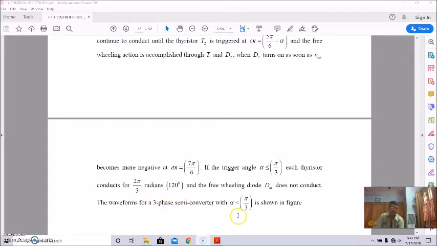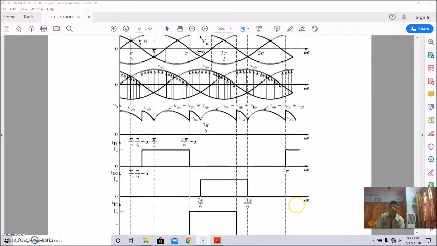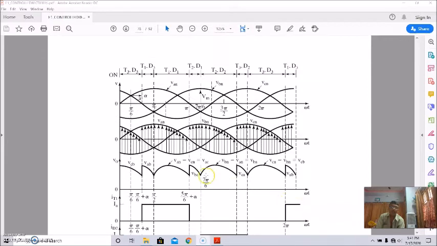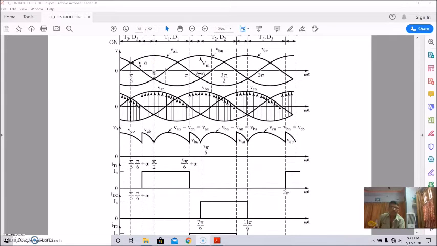The waveforms for a three-phase semiconverter with alpha less than or equal to pi by 3 are shown here. This is what I described in these waveforms. So clearly you will see how the output voltage and the supply current IA waveform arise.